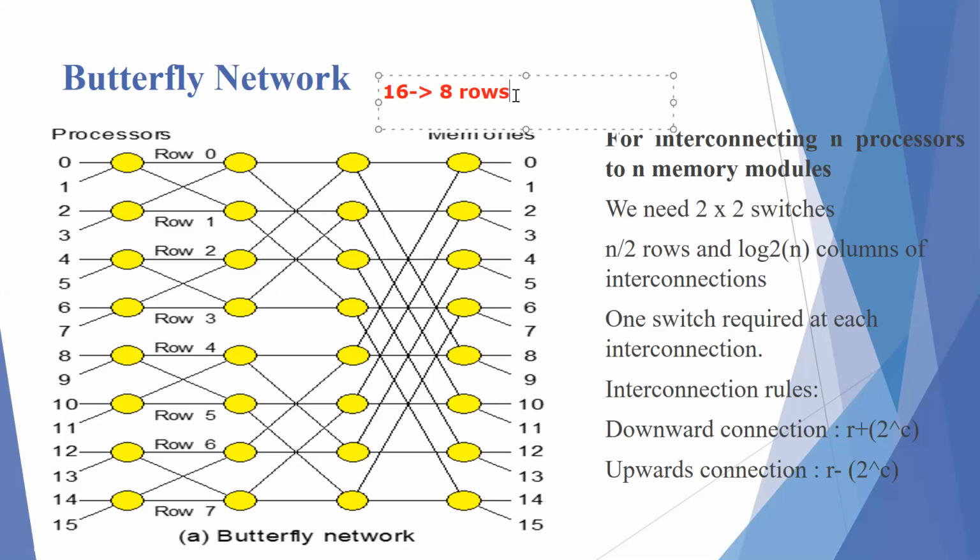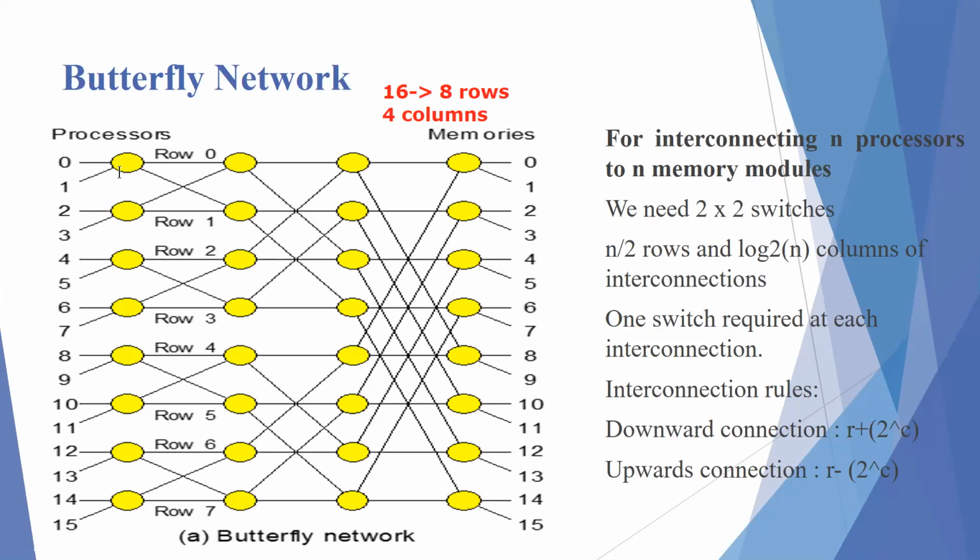I might leave some connections vacant, but I will have to make all the connections at least. It can never be an odd number. It is always in a matrix format. If I am connecting 16 processors, it has to be 16 memory modules by default. So log base 2 of 16 becomes four, so 4 columns.